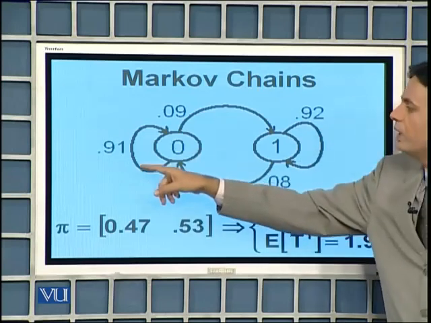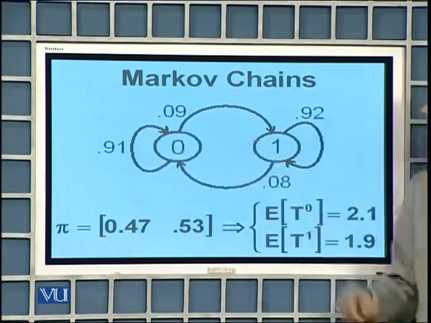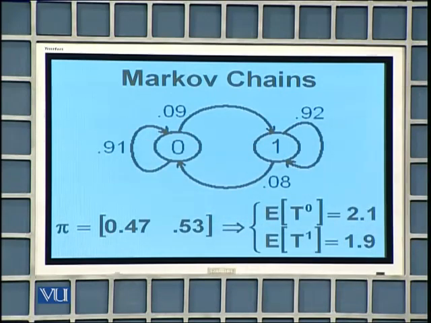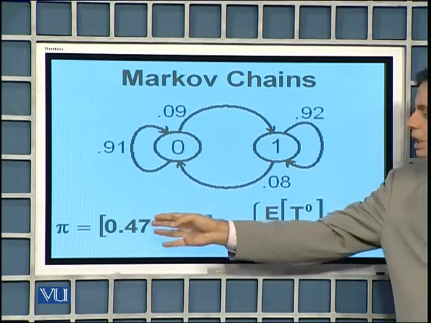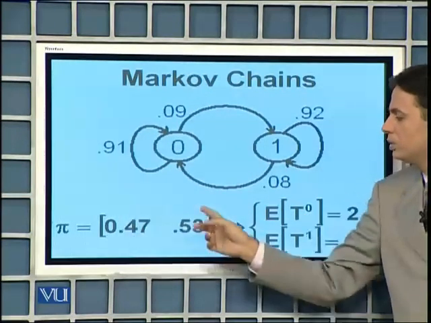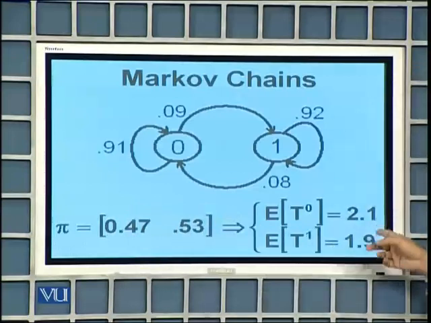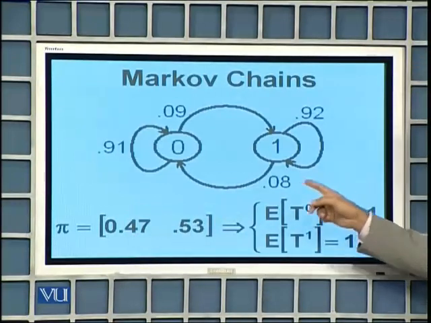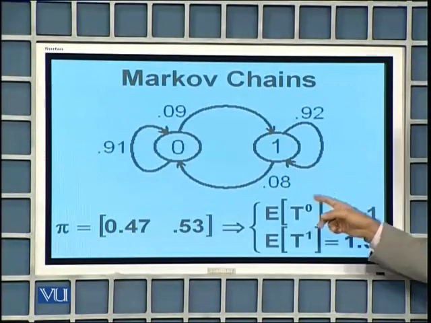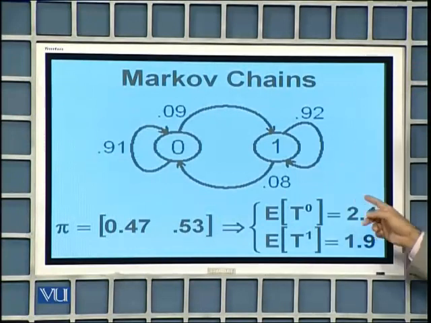Similarly, there is 91% probability that you will stay here in state 0. But the ratio of P plus Q over P, or the other way around, is going to be the same, and your stationary probability distribution is going to be the same. Hence, your expected values of return times are going to be the same as before.